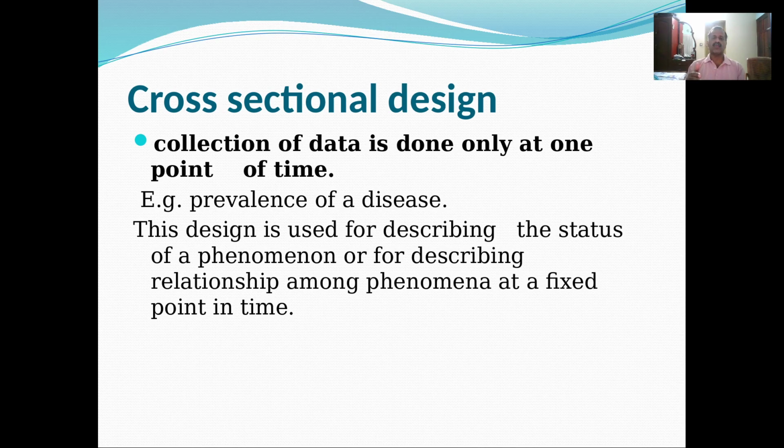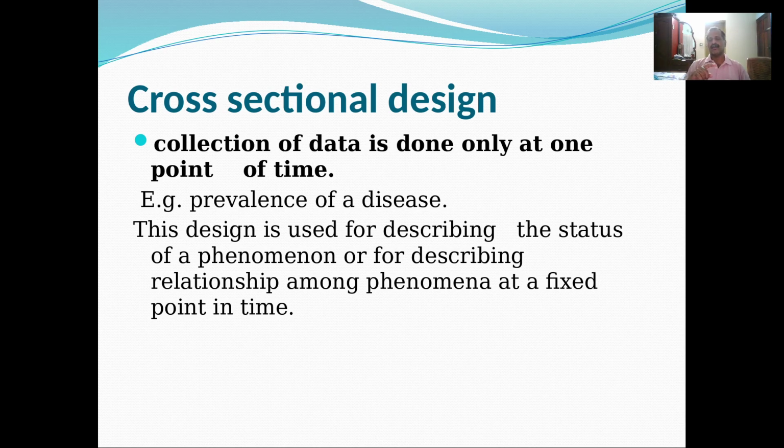Or in anatomy, you have learned about the cross-section of stomach or liver, etc., where you're just cutting at a plane and observing what is present in that particular cut, cross-section. Sometimes we will stain and look at it under the microscope. So what is there at the single plane? That is cross-section. So we are collecting data only at one point of time.